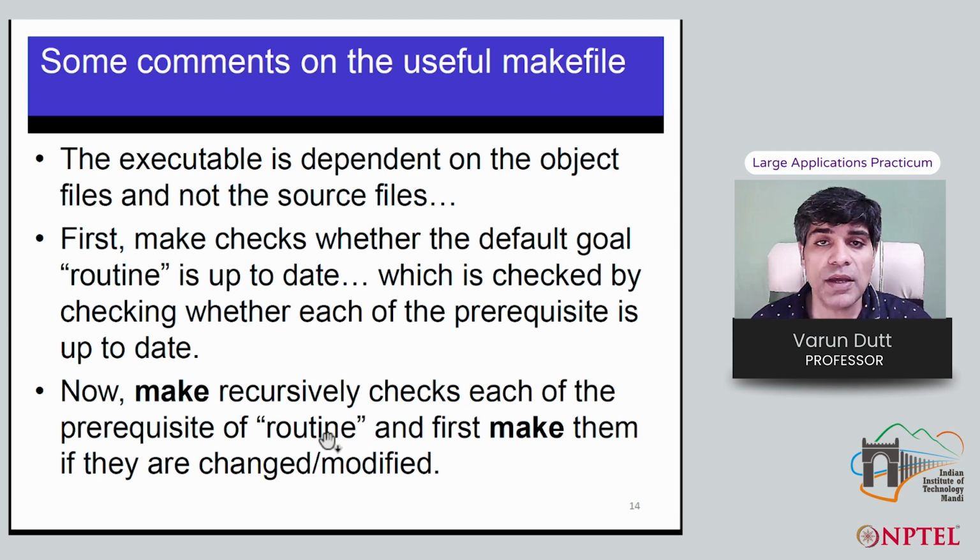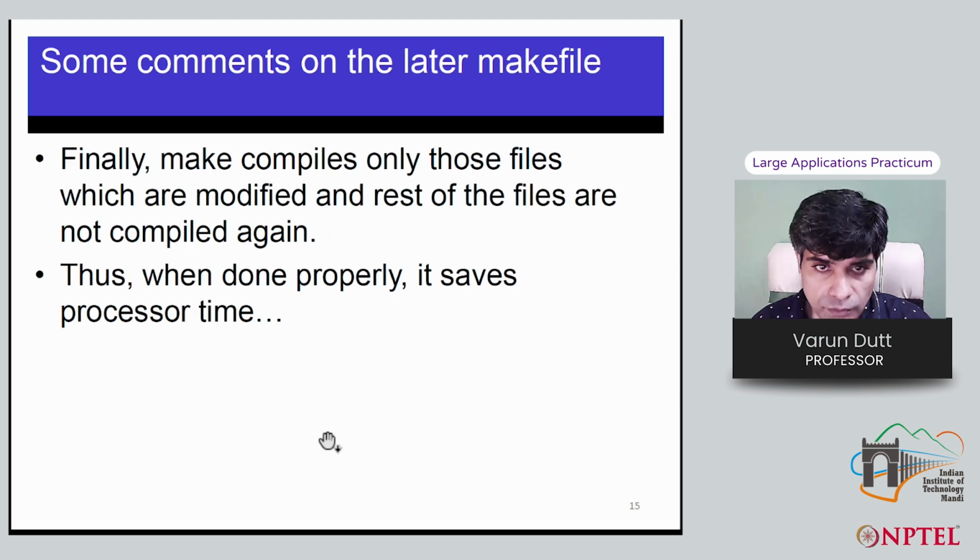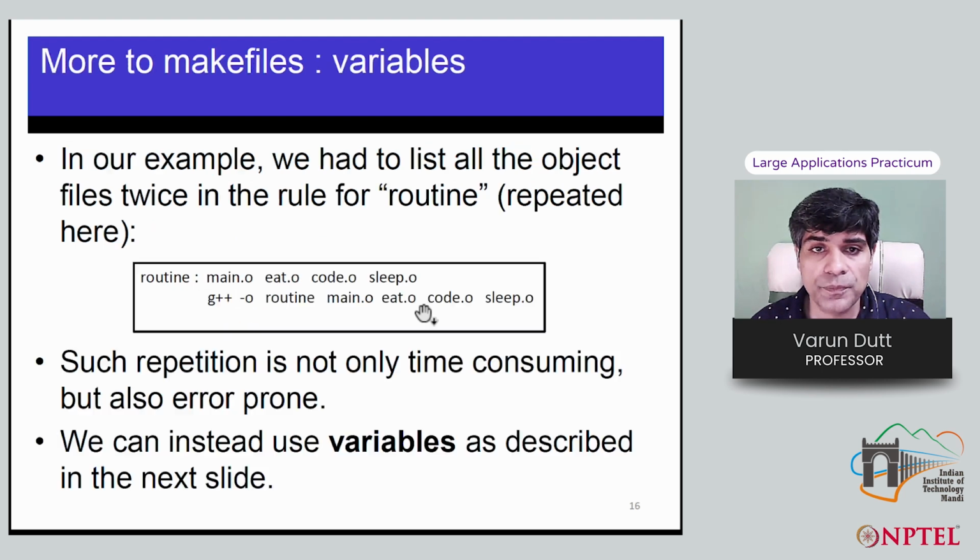So if the CPP file or any prerequisite file has a timestamp later than the previously created target file's timestamp, then that rule needs to be re-executed. Therefore, make will compile only those files which are modified, and the rest of the files are not compiled again. When properly done, this saves time, processor time, and space.